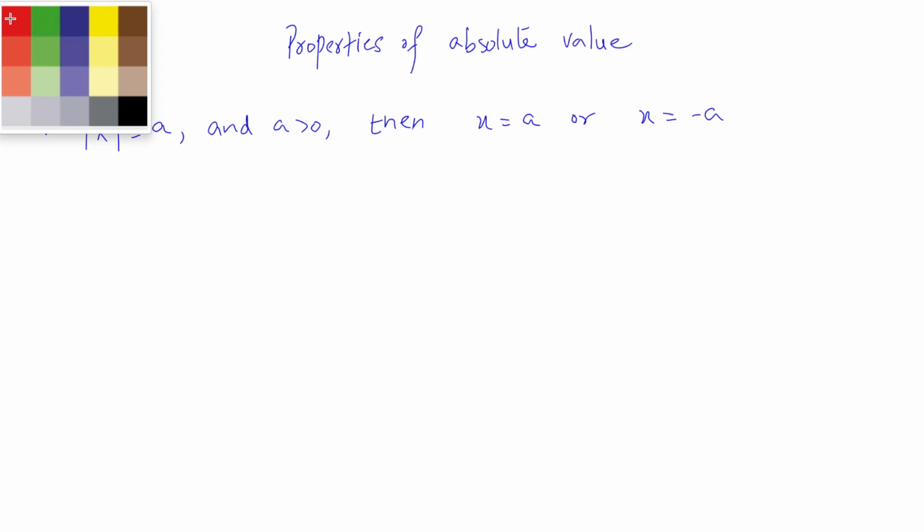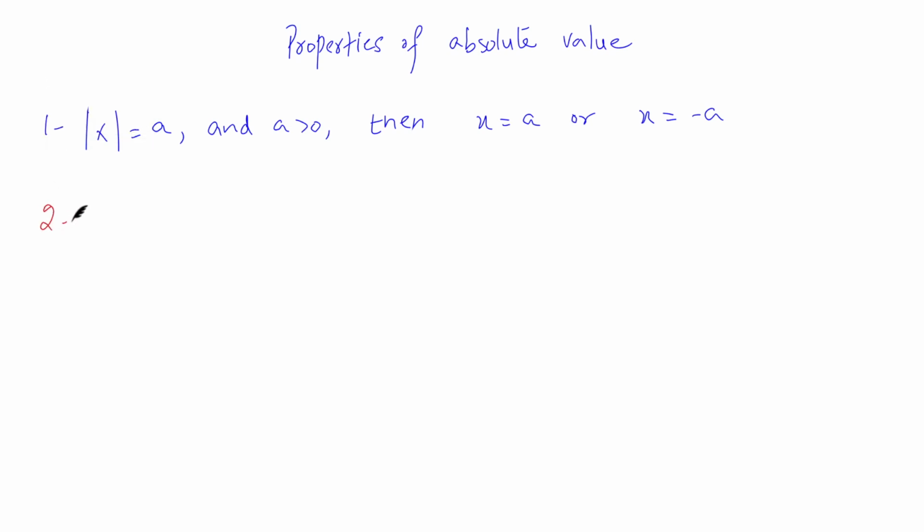Okay, the next scenario is this, where we have mod of x is less than a. We have an inequality and a is greater than 0. What's our answer now? Then our answer basically becomes x is greater than minus a and less than a. It's the same thing, just do the math and you will see.